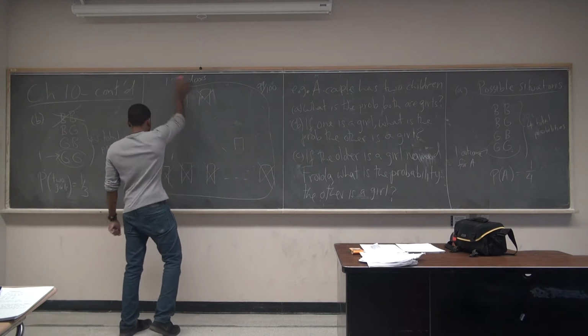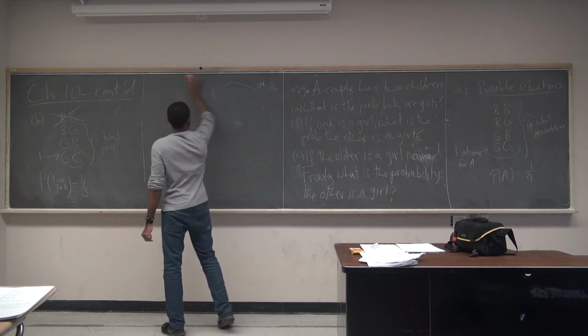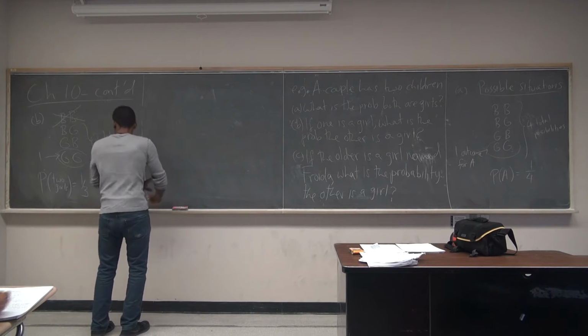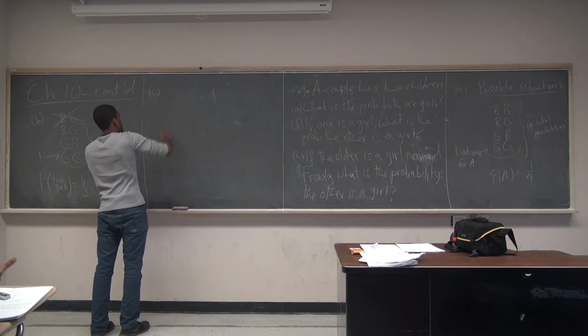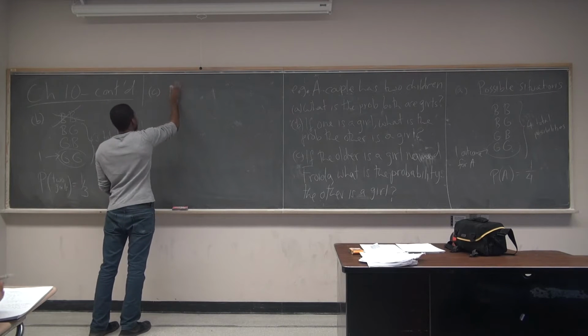Part C. If the older one is a girl, there are only 2 options where the first child is a girl. The name doesn't matter, by the way, if anyone was wondering. Florida threw me off.